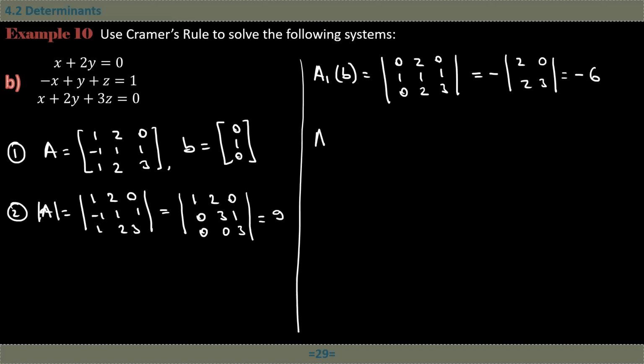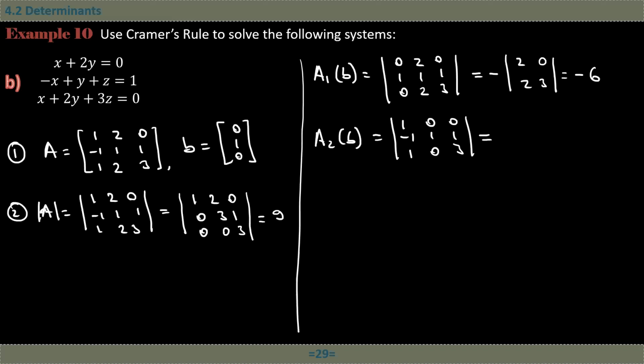And how about A2B? It means the second column is replaced by vector B. So here we have 1, -1, 1. The second column is 0, 1, 0. The third column is 0, 1, 3. Okay, the first row contains 2 zeros.